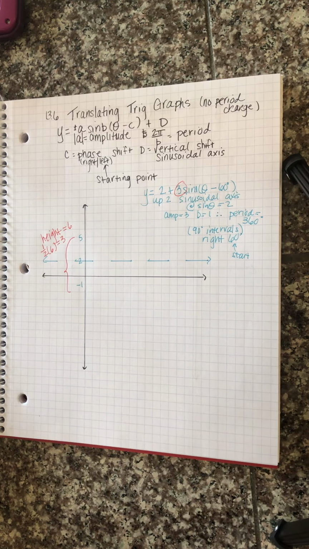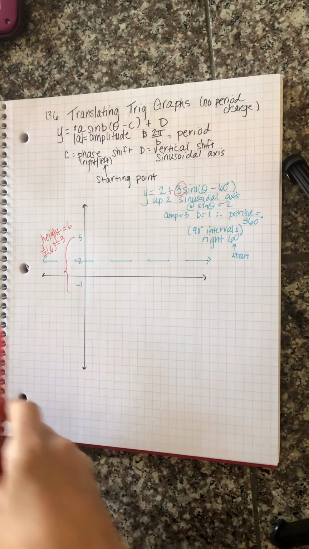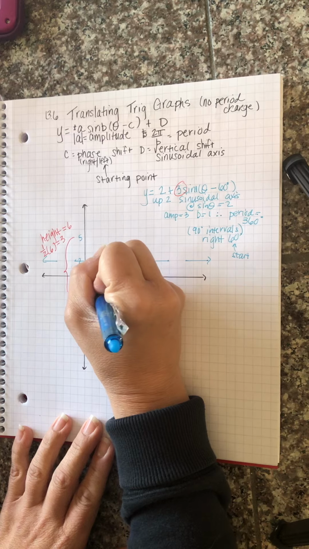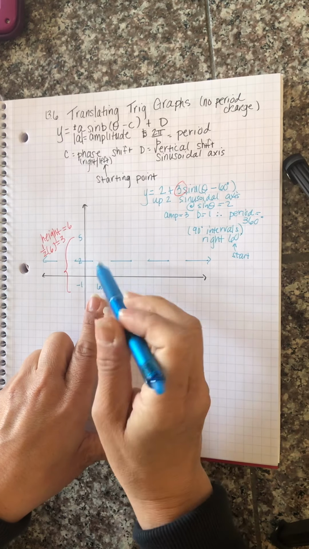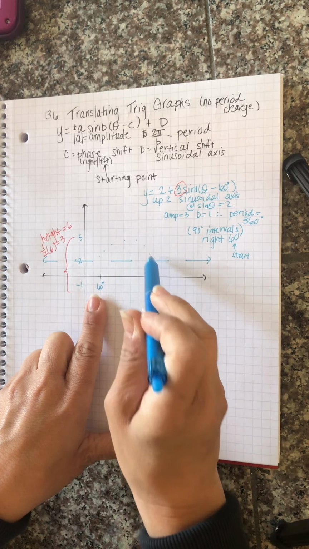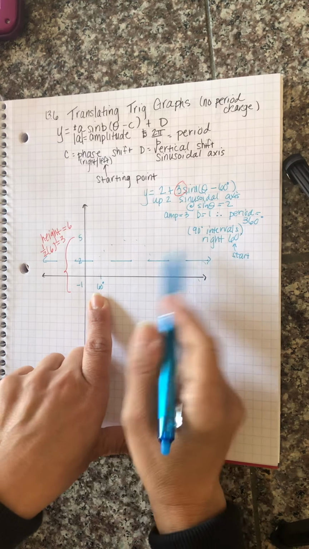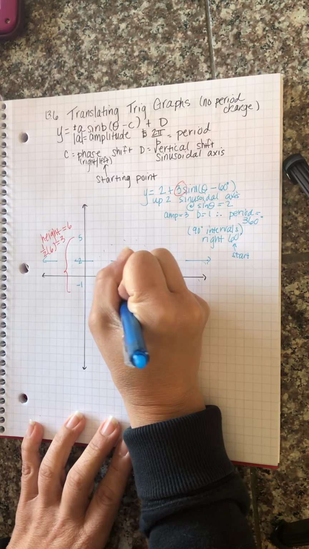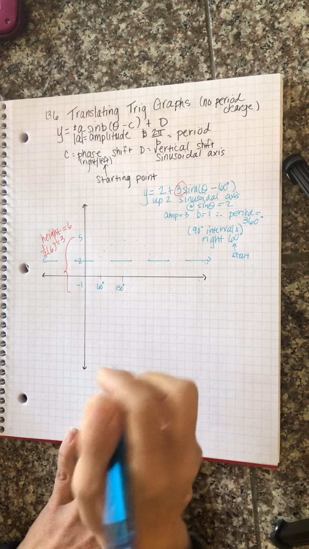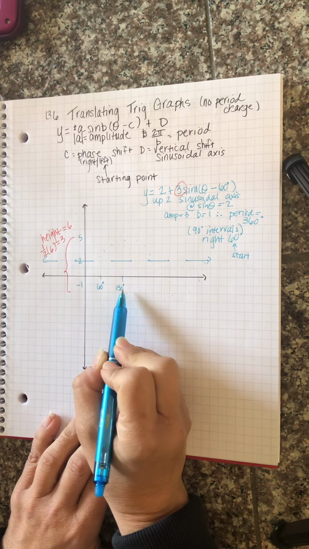Okay, the period is 360. I have 90-degree intervals starting at 60 degrees. Like, I'm not super picky. My graph is going to start at 60 degrees. It's a sine curve. So I'm going to draw some kind of sine curve that starts at 60, with 90-degree intervals. So 60 plus 90 is 150. I'm randomly putting the 150, like I'm not counting tick marks. What I care about is that between 60 and 150 is 90.